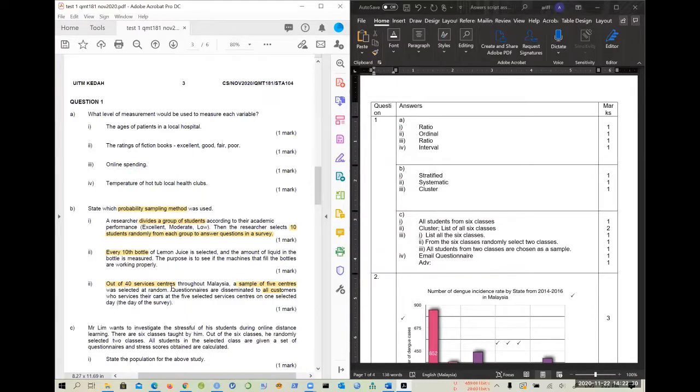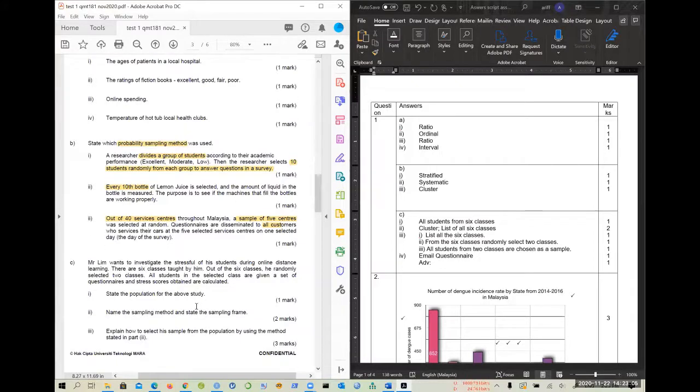However, for cluster sampling, the sampling frame is the cluster itself. So in this case, dalam ni yang cluster dia adalah 40 service center ni. So that means the sampling frame will be the list of all the 40 service centers, not the list of all the customers. The population, yes, is all the customers of the 40 service centers throughout Malaysia. Yang tu dia punya populasi. Tapi dia punya sampling frame are different things, right?